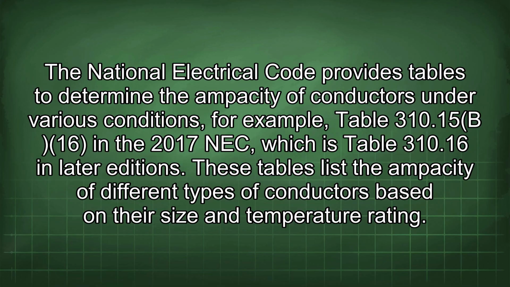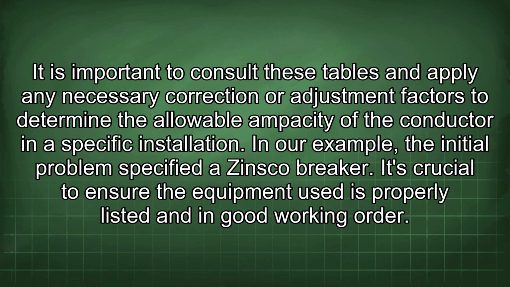For example, Table 310.15(B)(16) in the 2017 NEC, which is Table 310.16 in later editions. These tables list the ampacity of different types of conductors based on their size and temperature rating. It is important to consult these tables and apply any necessary correction or adjustment factors to determine the allowable ampacity of the conductor in a specific installation.